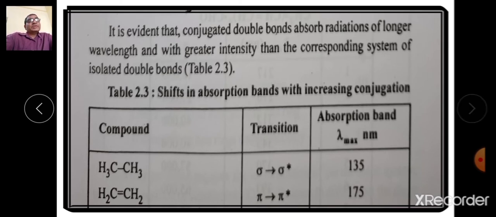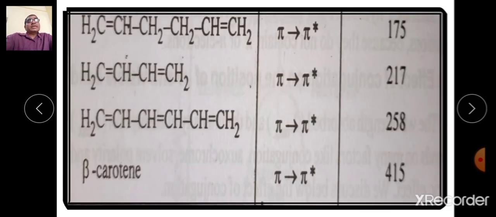In the third example, the double bonds are present but they are not in conjugation, they are in the isolated state. The double bonds are separated by more than one sigma bond, and therefore this is isolation. There is no change in the value. Again it is 175, like the previous.